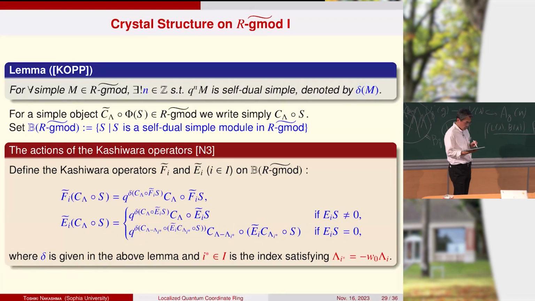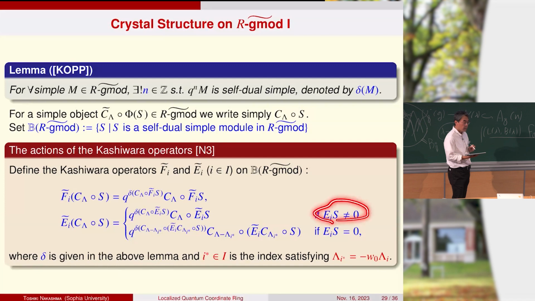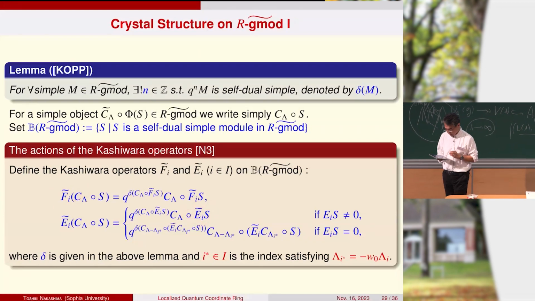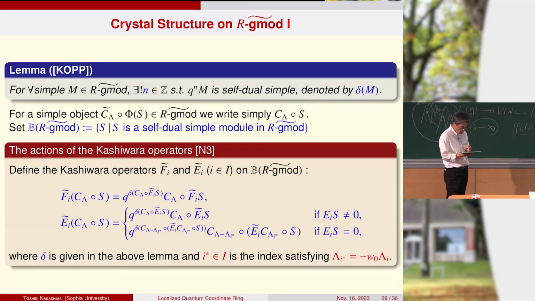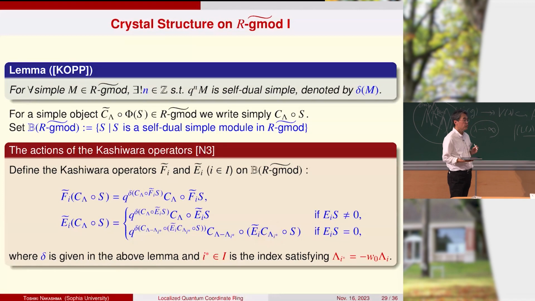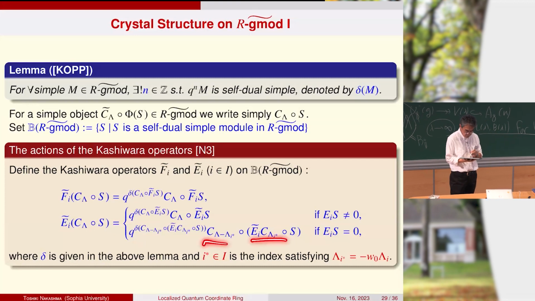So this action is very simple. But ei tilde is really different from fi tilde. If ei S is not 0, it's okay. Similarly to fi tilde, we act ei tilde on S. But if it's 0, then we just borrow one module from here, lambda i star. Borrow, and then also act ei tilde here and consider the convolution product.